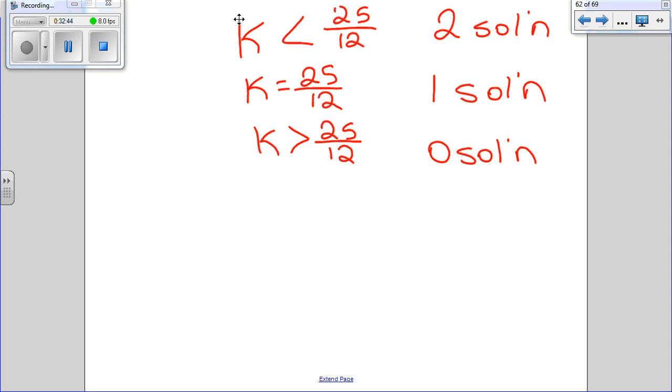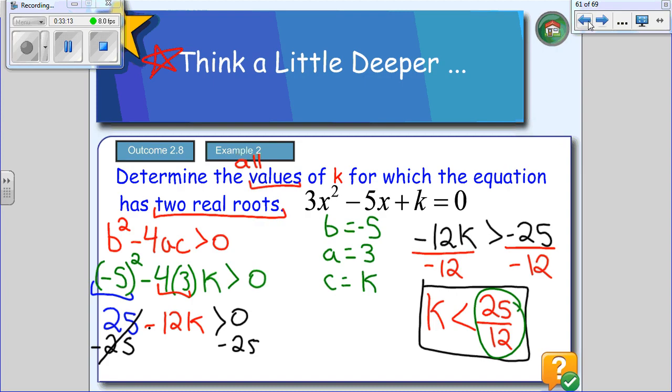Otherwise, if it's greater than 25 over 12, it doesn't have any solutions, even though that is a positive number for k, because it turns the whole discriminant into a negative number. Remember what k is. K is my c value. So they're saying if k is a number bigger than 25 over 12, then the entire discriminant becomes a negative number. That's why it happens that way. Does that make sense?